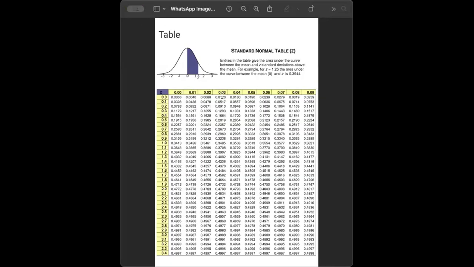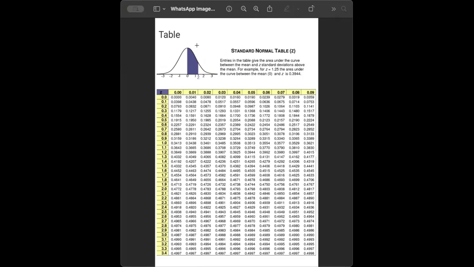Now this is what you have, right? You can hear me well, right? So what we have now is the distribution given from 0 to negative, but on this table itself, we don't have that value.